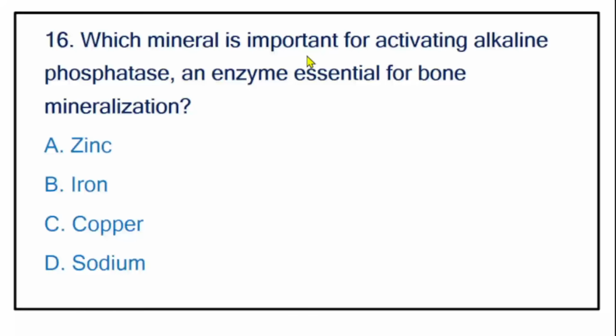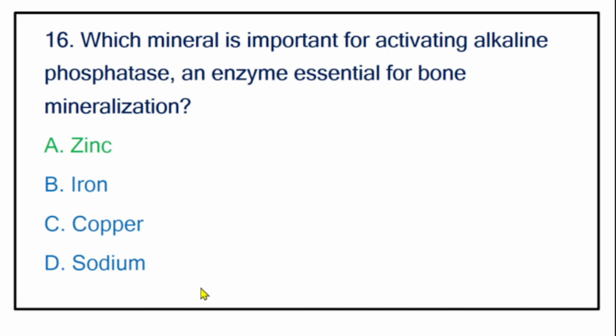Which mineral is important for activating alkaline phosphatase, an enzyme essential for bone mineralization? Zinc, iron, copper, sodium. The correct answer is zinc. Zinc and magnesium are important for activating the enzyme alkaline phosphatase, which is essential for bone mineralization.